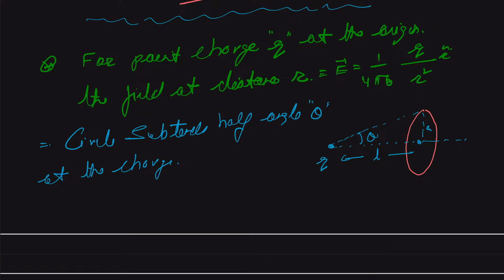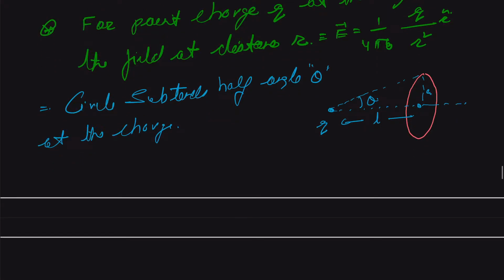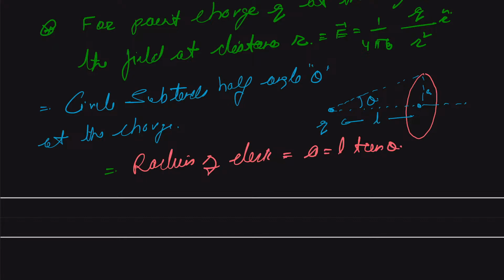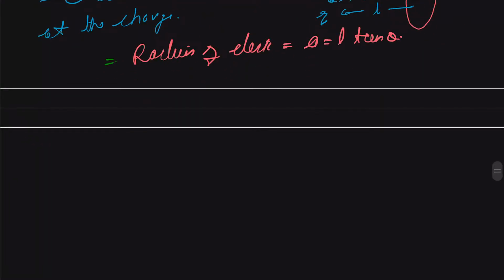So it means that we can find out the radius of the disk. The radius of the disk, which is A, will be equal to L tangent of theta. Let me draw this disk in a horizontal way, because it is much easier to draw.